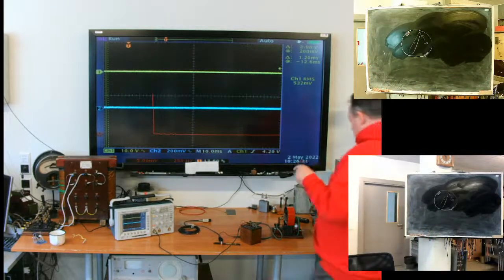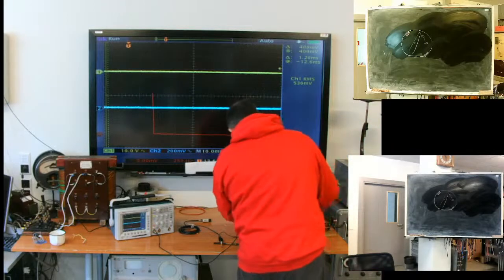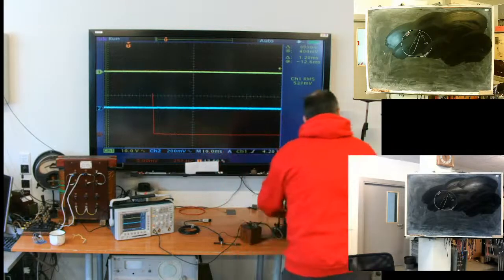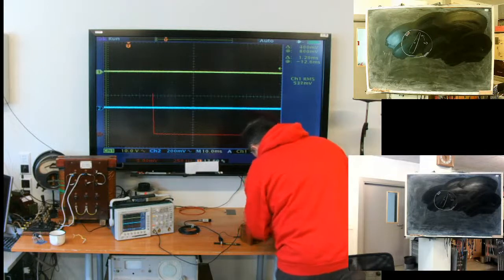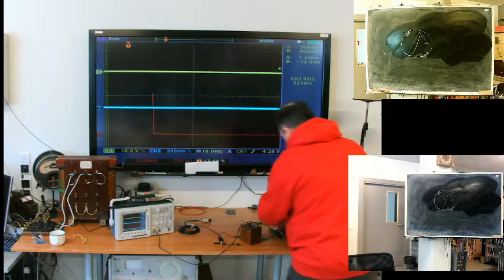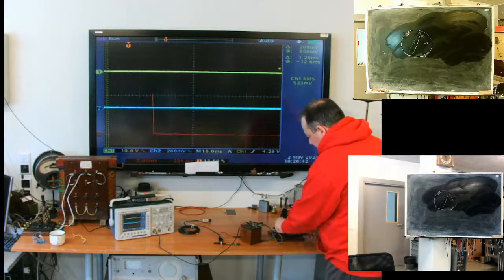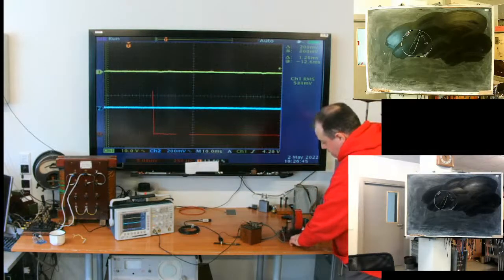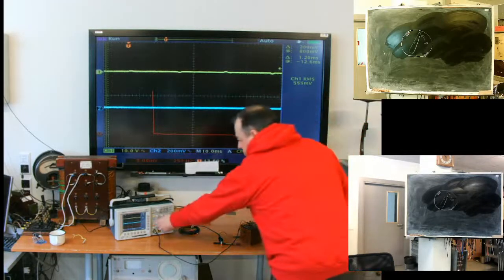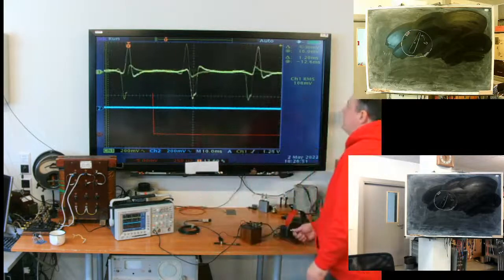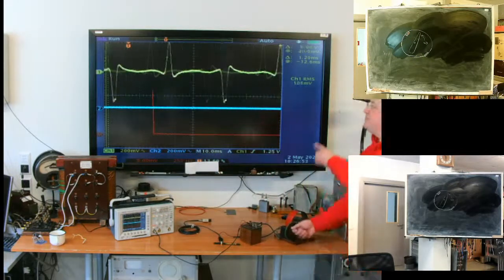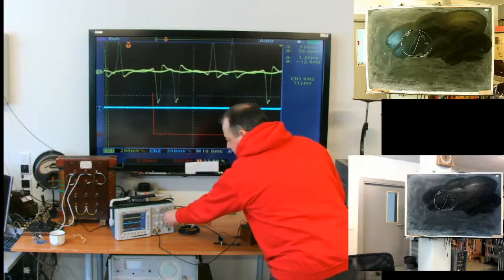I'll place 2. This one and this one. Here it is. Here is my voltage.